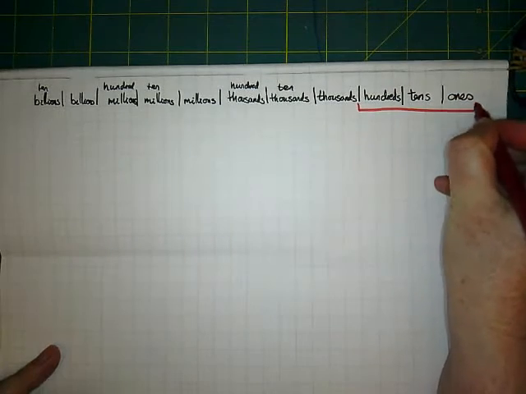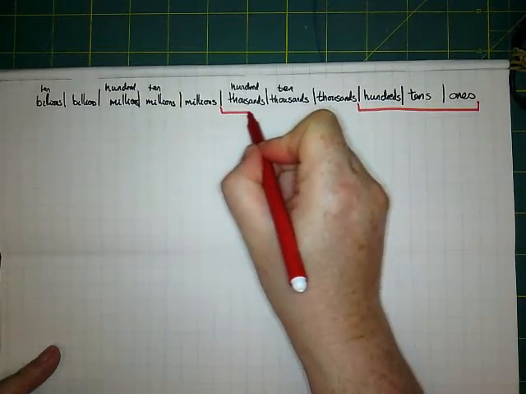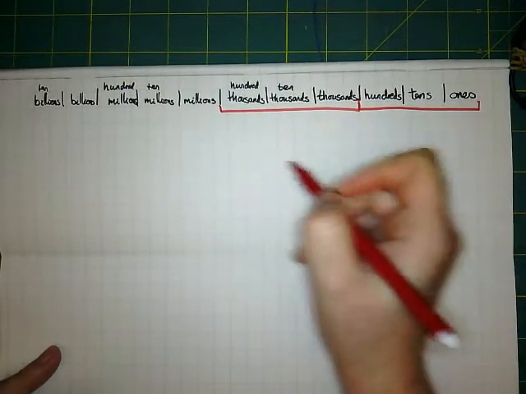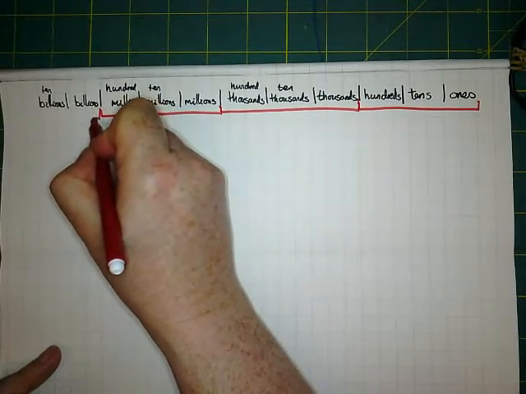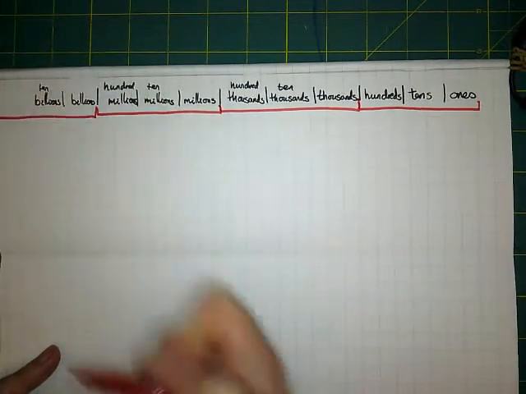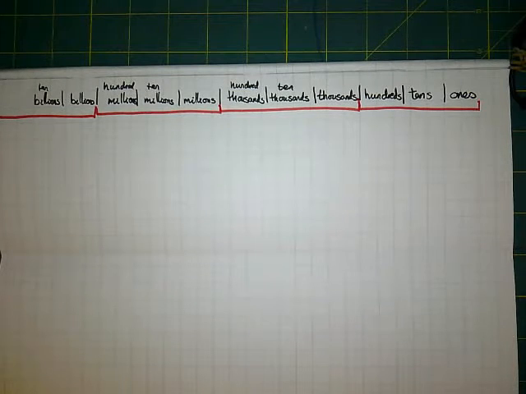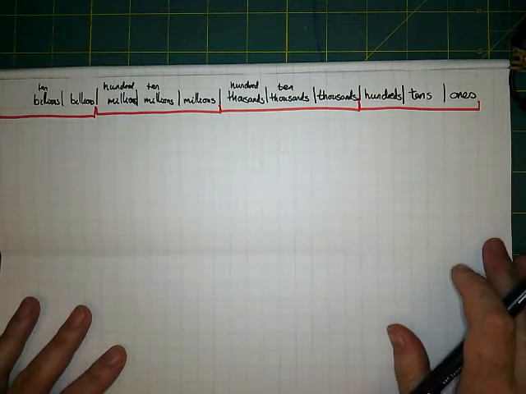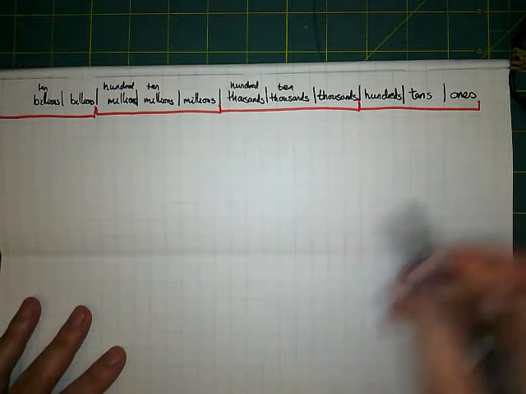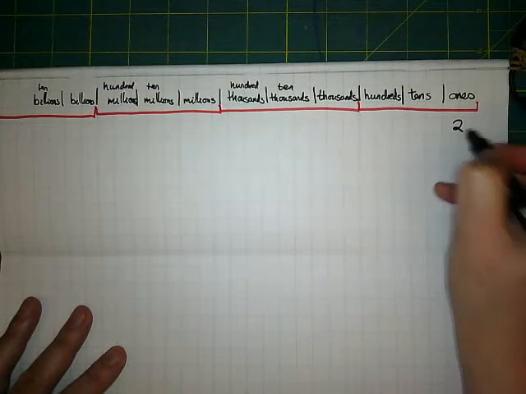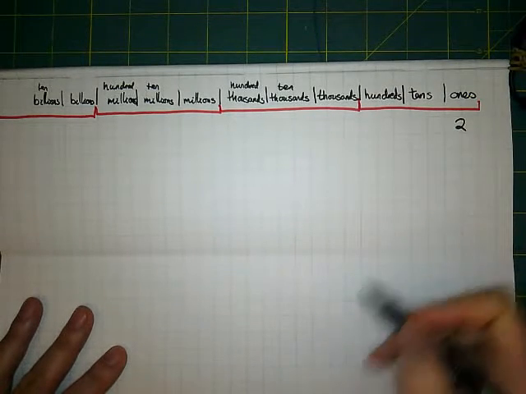So we have the ones, the thousands, the millions, the billions, and so on. And it's these little groups of three that help us work out how big things are. So if I write here, I have 2.